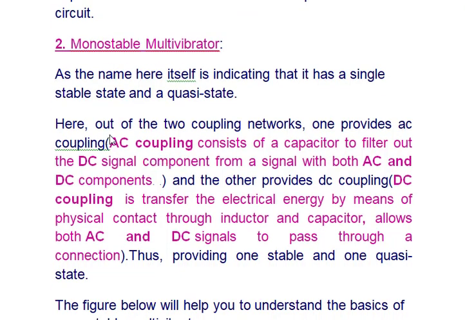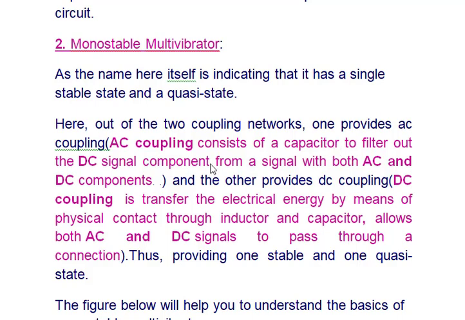So the multivibrator uses coupling networks. It has two types: one is the AC coupling network, another is the DC coupling network. What is AC coupling? The AC coupling consists of a capacitor.